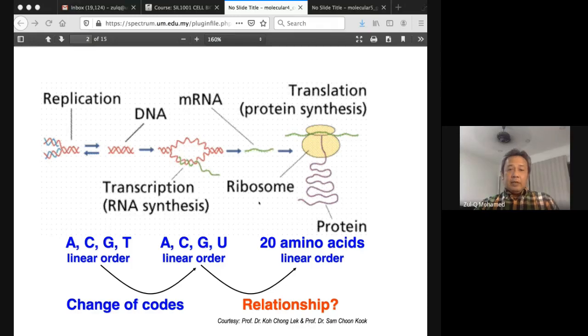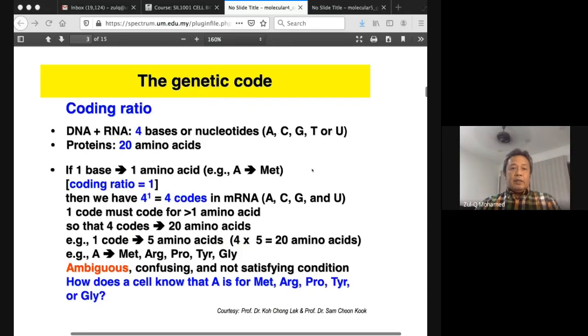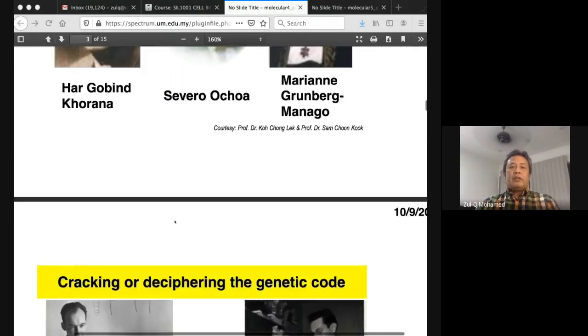These are just explanations of the genetic code, where you have replication that copies the DNA, and then you have the expression of the genetic molecule, where you have the DNA, mRNA, and then the protein, right? This is what I just mentioned. What is the coding ratio? Do not get confused. These are just examples. These are just hypothetical situations.